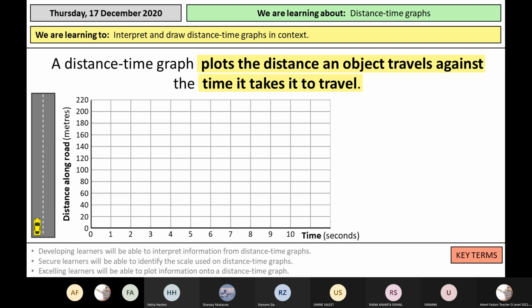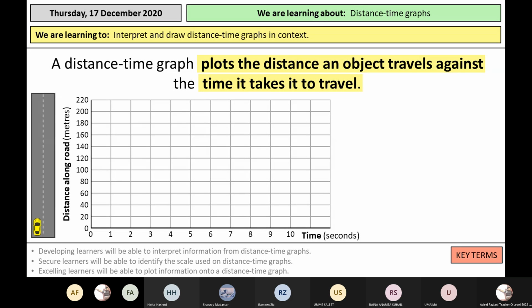So you can see the distance along a road in meters, and the time unit is given in seconds. You tell me, what is the maximum unit for the distance? Anyone? Sir, 220 meters. 220 meters. You're talking about the maximum value for distance with respect to this graph.